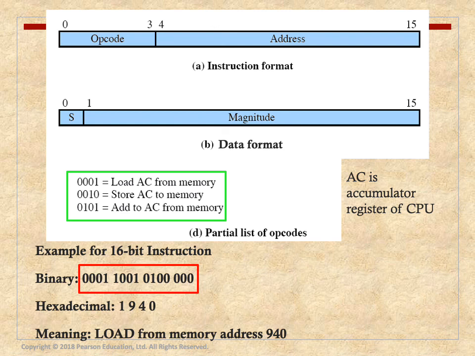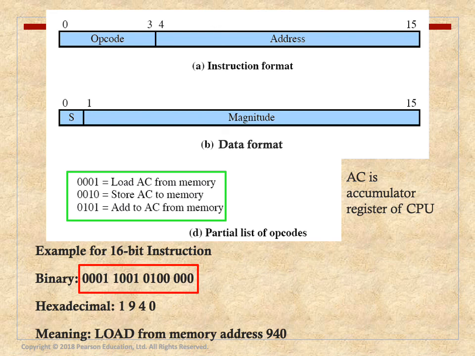And the latter 12 bits characterize the address in memory where the data can be found to which the operation shall be applied. In the green box, you can see some example opcodes that we assume for our processor. So the opcode binary 1 corresponds to a load operation.